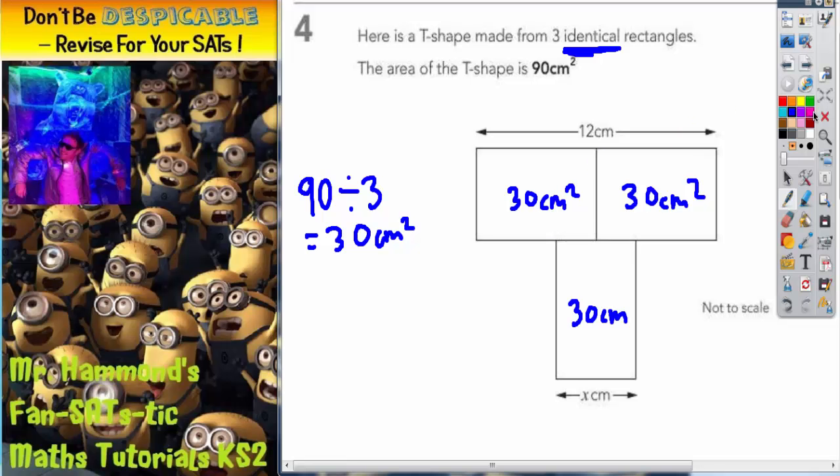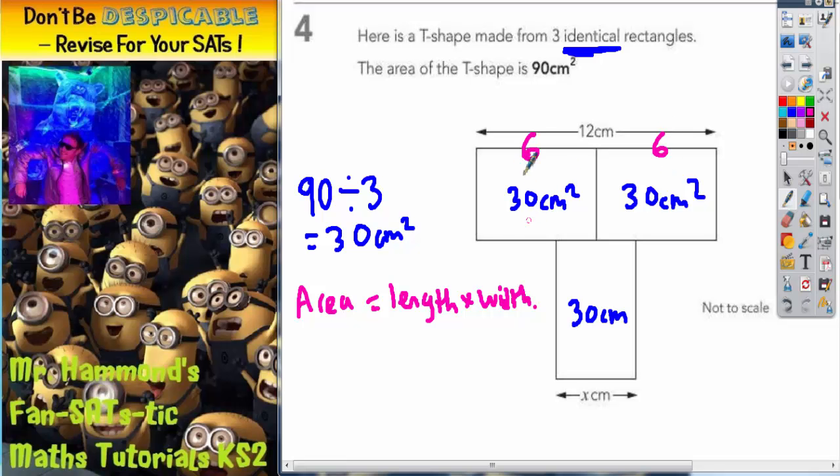Now what else do we know about a rectangle? Well, we know that the area of a rectangle is given by length times width. And we know that if the total distance across the top is 12, and these are identical rectangles, if we split that in half, the lengths of the 2 rectangles must be 6 each.